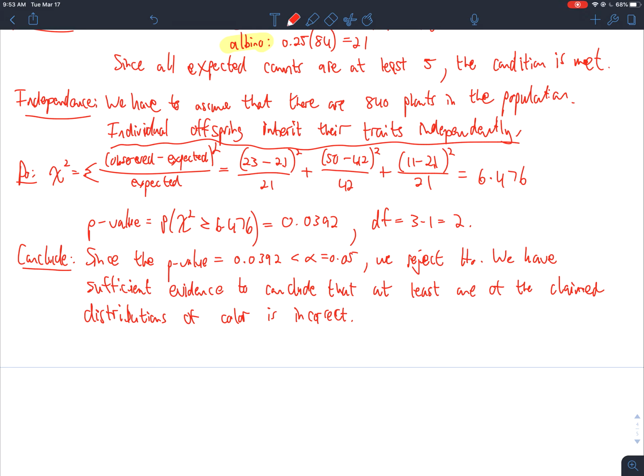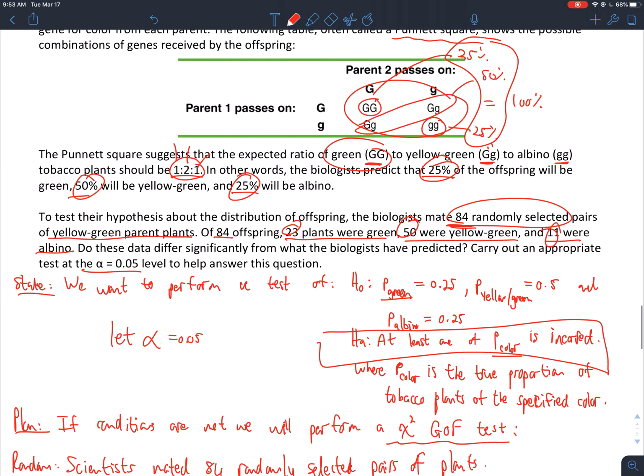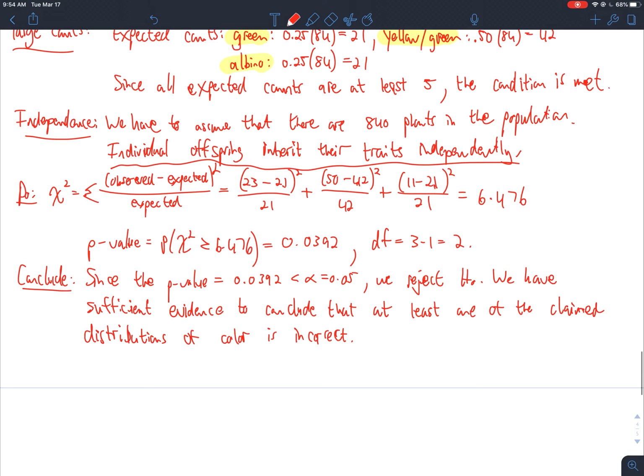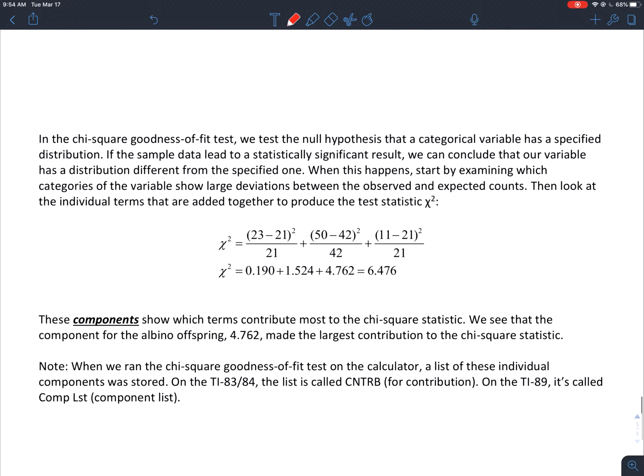So, based on our sample data, something's wrong, and if you went on your calculator and you looked at the contributions, you get this for your contributions, okay? There they are. And the biggest contributor or component of the chi-square statistic, so we call these contributions or components, the biggest one is this.